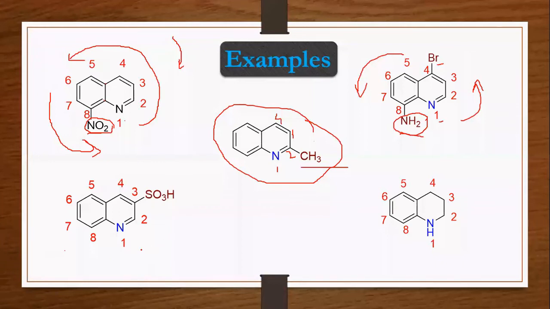Now, in this example, the substituent is SO3H. But you know that this SO3H group, this functional group, has higher priority. And thus, it is incorporated as a suffix in the name of this heterocycle.